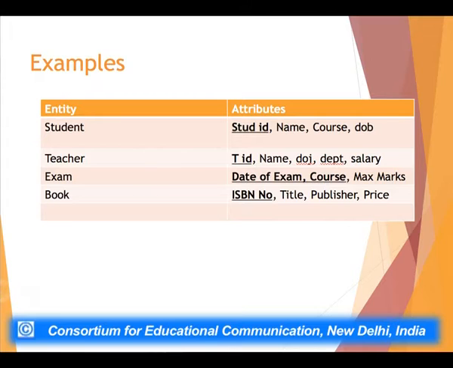If the entity is student, the attributes for instance may be student ID, name, course, date of birth, etc. If it is teacher, the attributes will be teacher ID, name, date of joining, department, salary, etc. If it is exam, it could be date of exam, the course or the maximum marks. If it is book, as I just discussed, it could be title, publisher, price, ISBN number, etc.